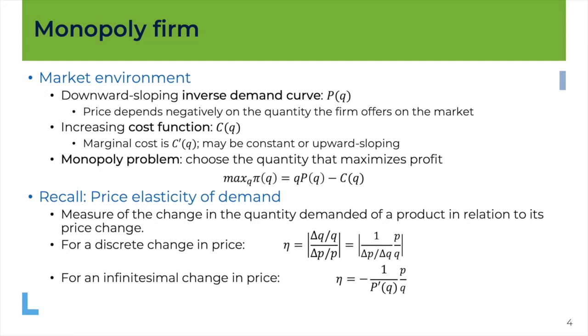Here, if we have infinitesimal changes, we're going to use the concept of derivatives, and the continuous version of this is the fraction 1 over P prime of Q, the first order derivative of the inverse demand, times P over Q, with the sign minus here. That defines the price elasticity of demand. Keep that in mind because we are going to use this now.